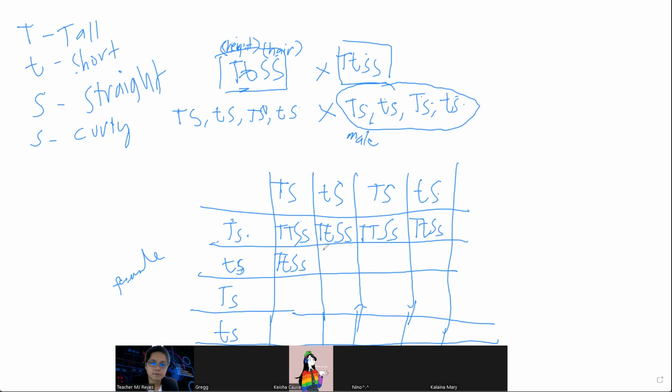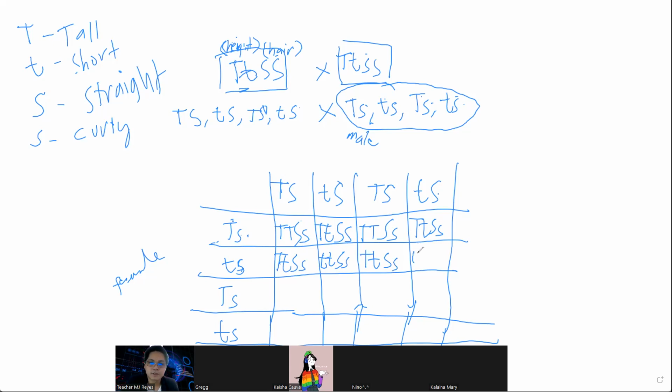We have short and heterozygous straight. Heterozygous tall with heterozygous curly.